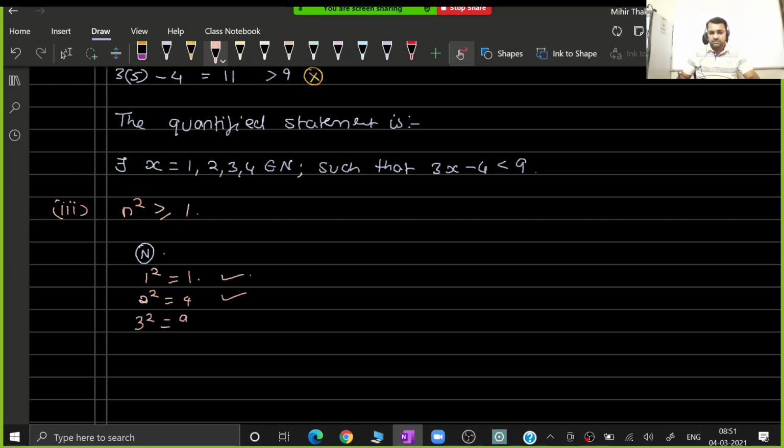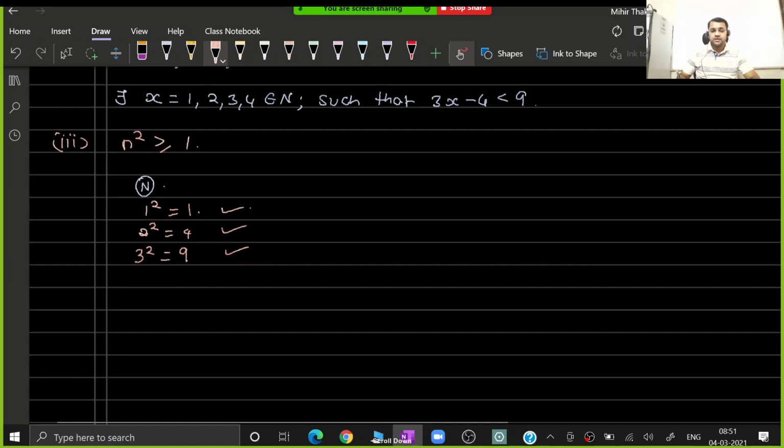3 square is equal to 9, this is also greater than 1, this is also satisfied. So in general, if I check any natural number, let us consider 15 square, let us consider 20 square, any natural number, they all will be satisfying the condition that the value is 100% greater than or equal to 1.